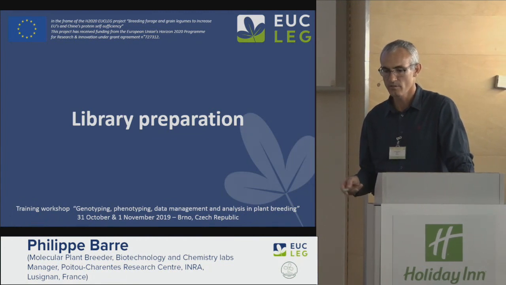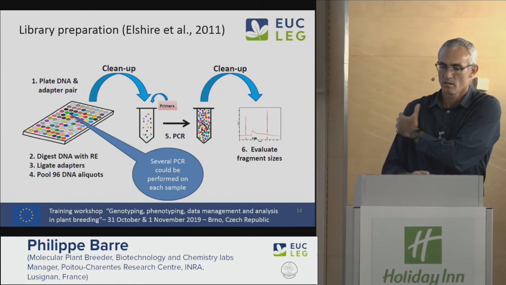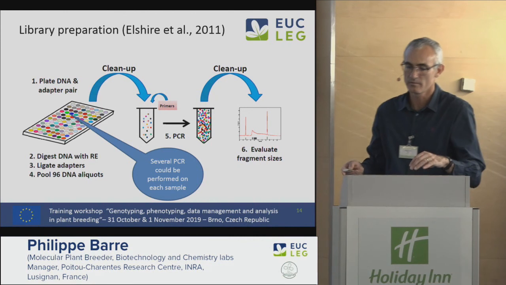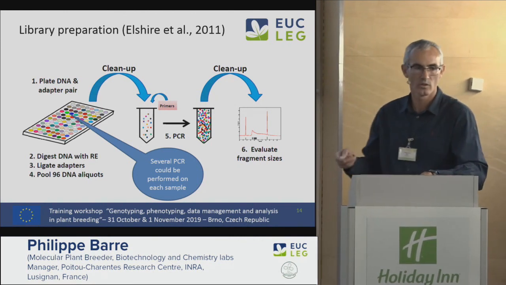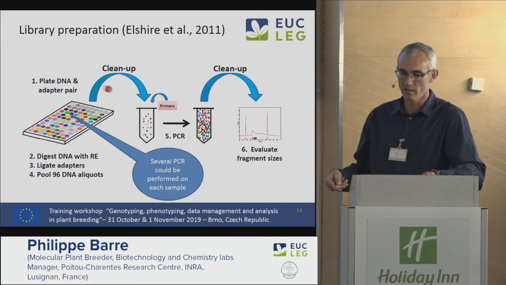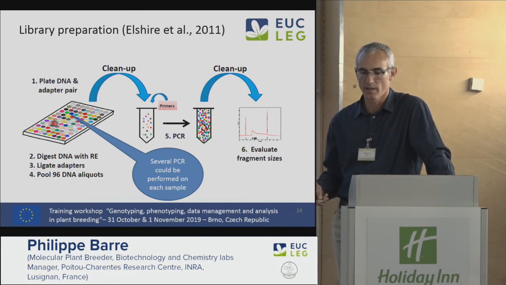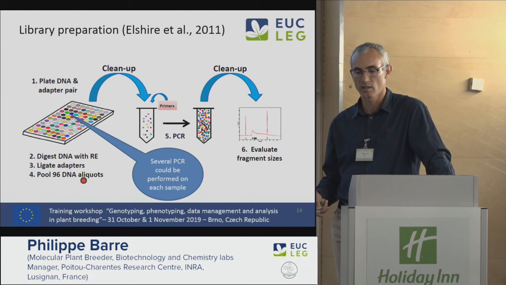So, library preparation. I took some slides from Elshire and colleagues, and I want to go through the slides with you. The idea presented in this article is that you have a plate with many samples, so 96 samples there, and you digest DNA separately, ligate within each well, and then you pool the 96 DNA aliquots.